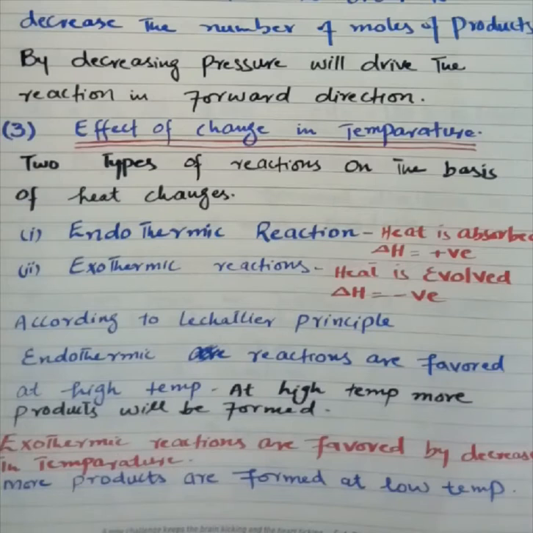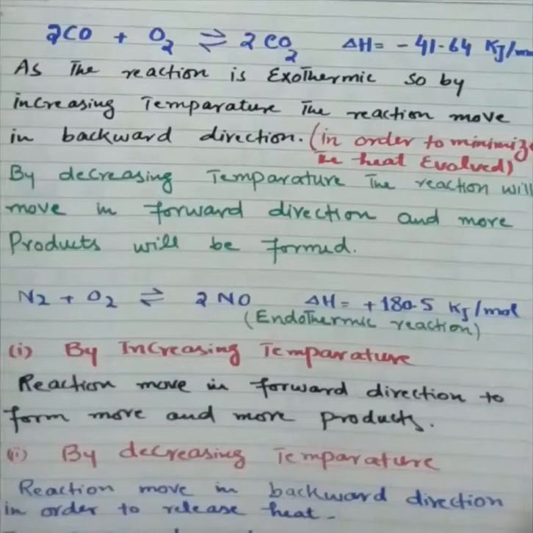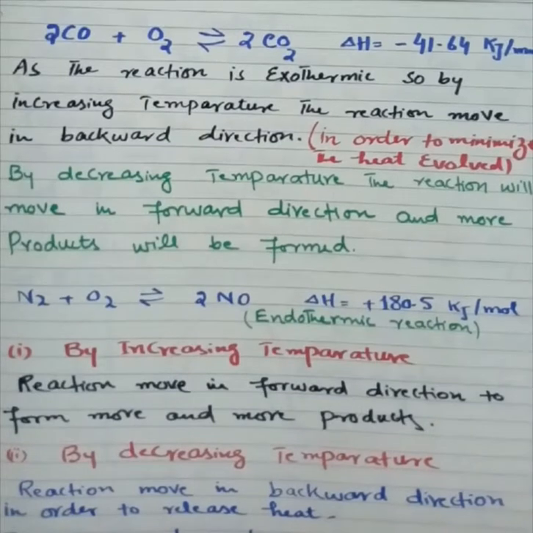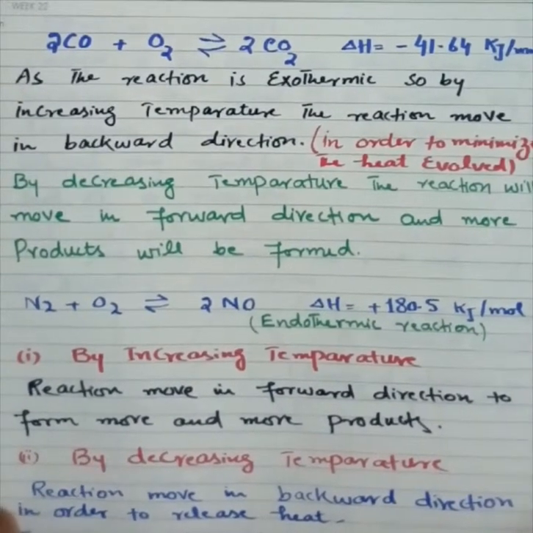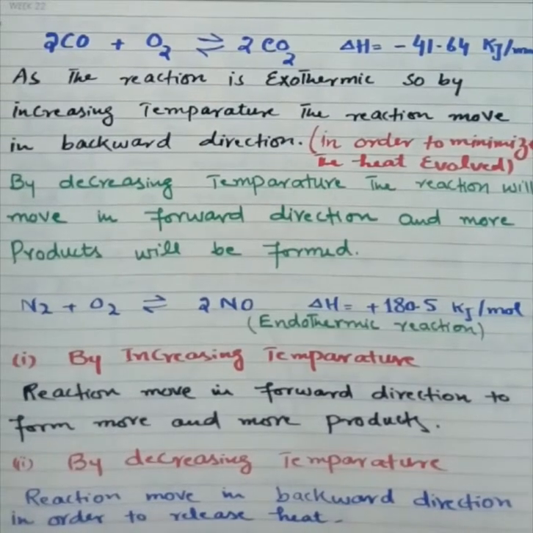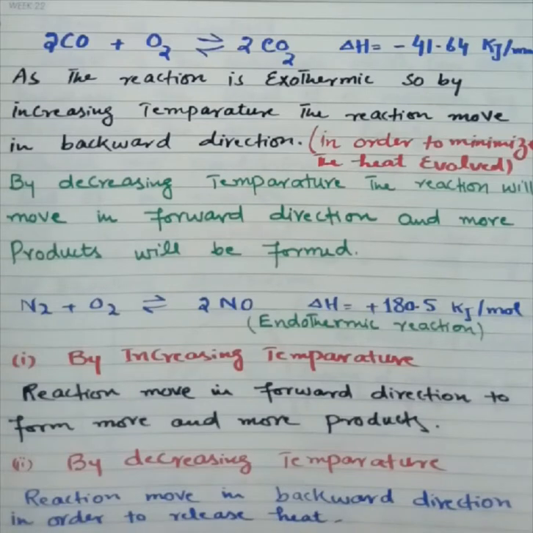Now let's see the example of carbon monoxide. When carbon monoxide reacts with oxygen to form carbon dioxide, heat is evolved, that is, the value of delta H is negative. It means the reaction is exothermic. So as the reaction is exothermic, by increasing temperature, the reaction will move in the backward direction, because the forward reaction according to Le Chatelier's principle will be favored by decreasing the temperature of an exothermic reaction.